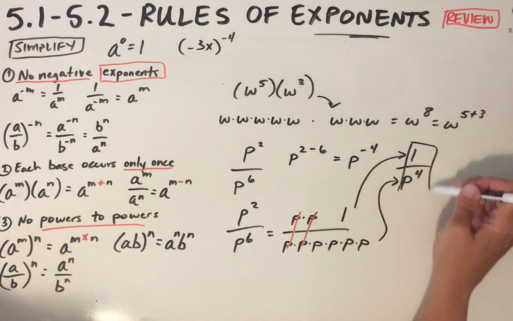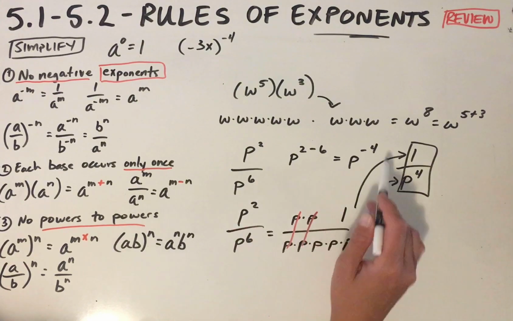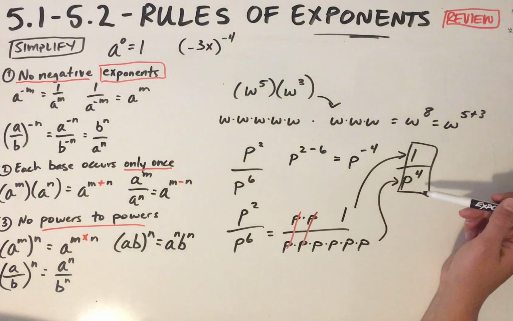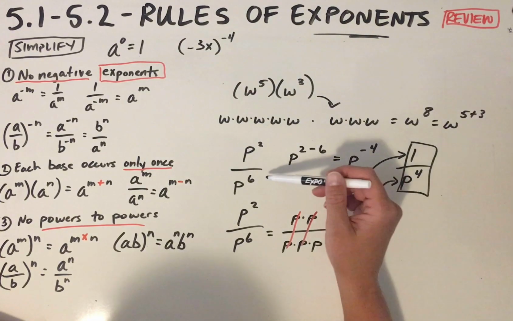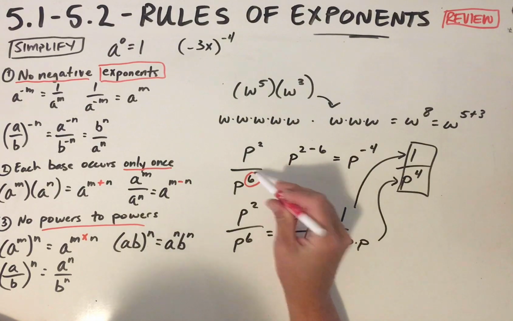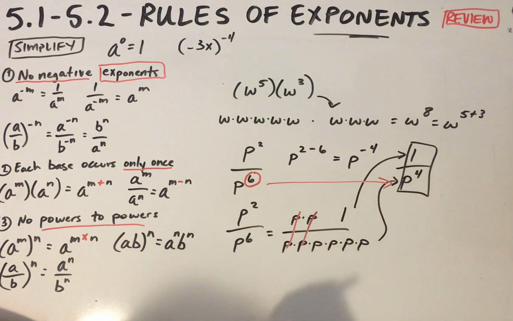So this is indeed the answer, regardless of whether you factor them out or use the rule. So when the exponent is greater in the denominator, then the power will end up in the denominator. When it's greater in the numerator, then it will end up in the numerator.